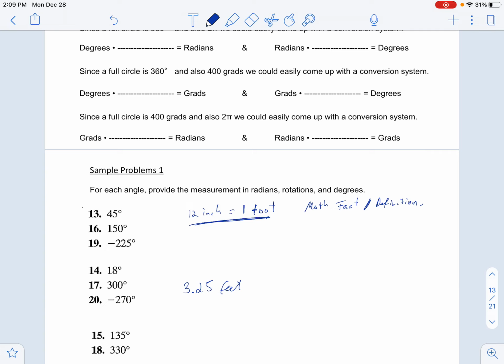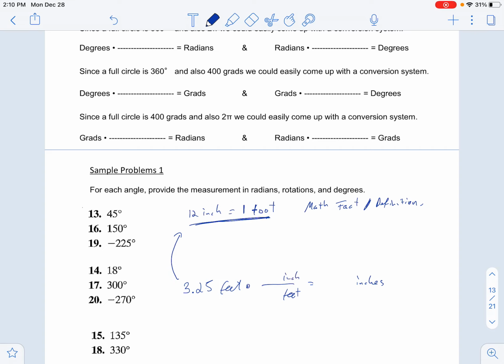So what you're doing is you're actually going to say, okay, I want this answer to be in inches. So I am looking for something that will get rid of feet and create inches, which means I need a unit that has feet on the bottom and inches on top.